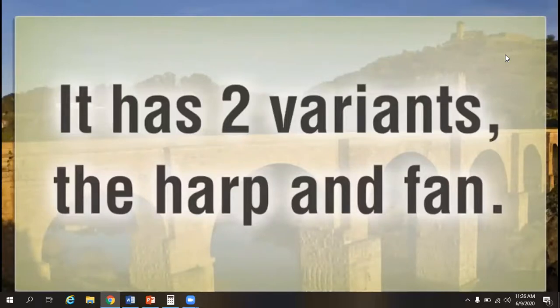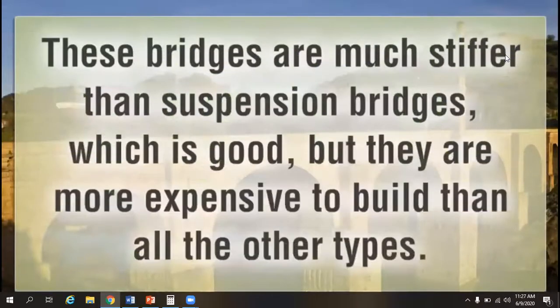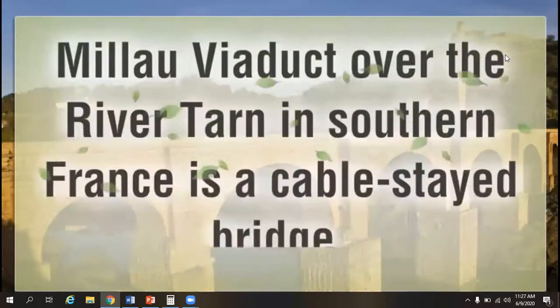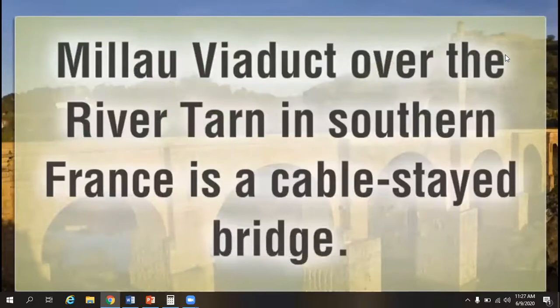In the fan variant, all the cables connect to the tower or pass over it. These bridges are much stiffer than suspension bridges, which is good, but they are more expensive to build than all the other types. An example of the cable-stayed bridge is the Millau Viaduct over the River Tarn in southern France. It is the tallest bridge in the world.